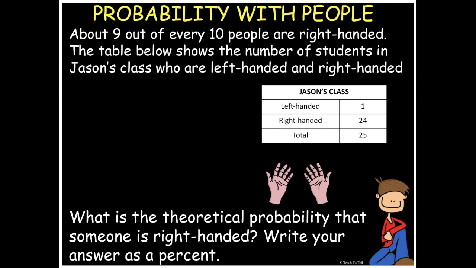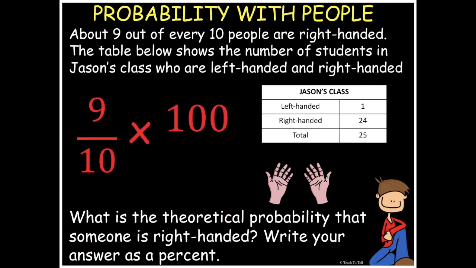So when we talk about theoretical probability, it is kind of like, according to our calculations, this should happen. But we know that that is not always the case. So we know that 9 out of 10 people should be right-handed. And to get a percent, we always need per 100, right?